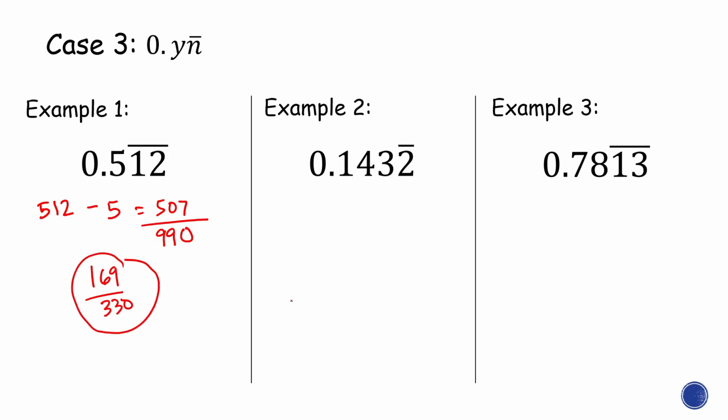All right, for my next example, again, we consider removing that decimal point. So that's 1439 minus the digits that are non-repeating, and those digits are 143. We subtract those two, that would be equal to 1289.